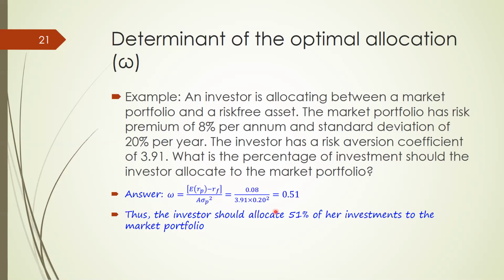Plug in the numbers: the risk premium is 8%, A is 3.91, sigma is 0.2, and we square that. Omega should be equal to 0.51, meaning that for this particular investor, the allocation of 51% to the market portfolio is optimal, which will give her the appropriate risk as well as the return.